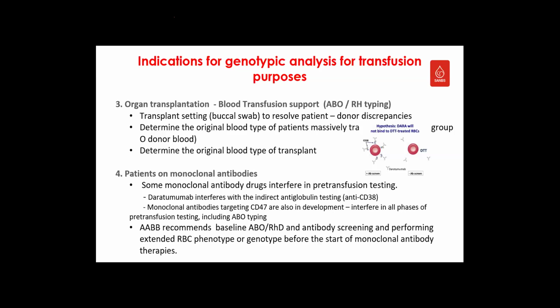We can ameliorate this in the laboratory by treating our samples with DTT. That is one way we can treat samples if we know patients are on this therapy, but normally we don't know. So we need that engagement with the clinicians to tell us. So if we're testing serologically, we can treat our samples with DTT. But a better way would still be to do the genotyping.